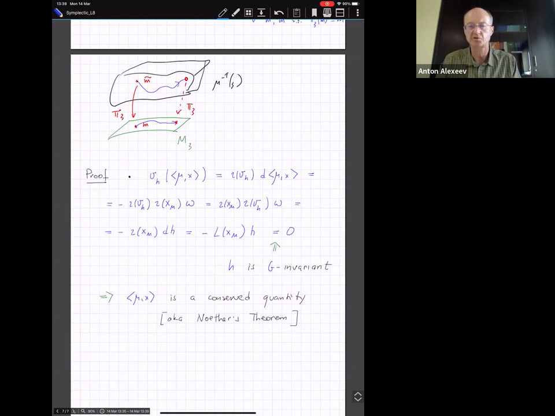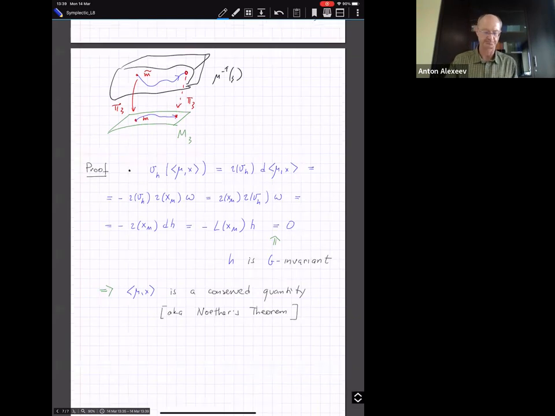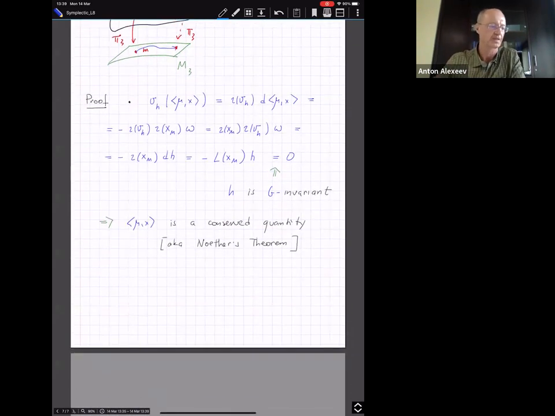So if you have a symmetry, you have a conserved quantity. If you have a conserved quantity, you have a symmetry.